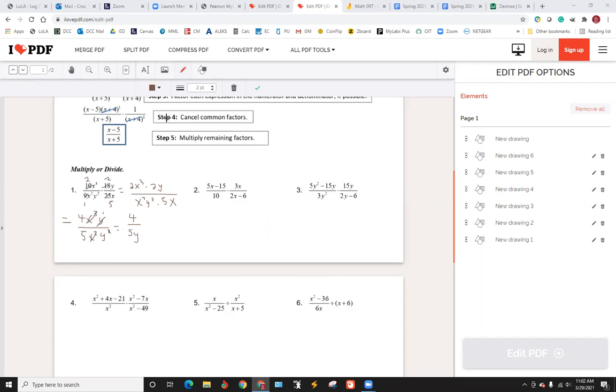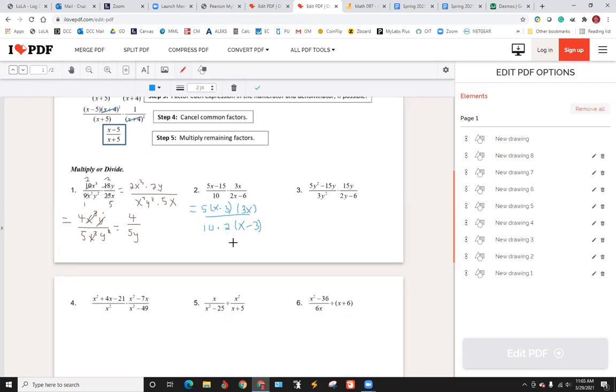So on this one here, factor it out. So that's 10. And then this is going to be, you can take out a 2 there, and then that's an x minus 3.